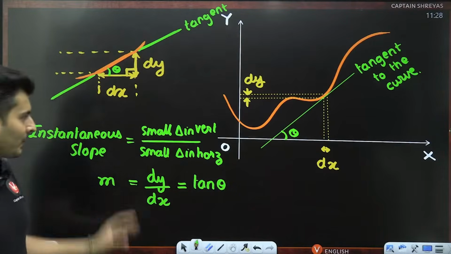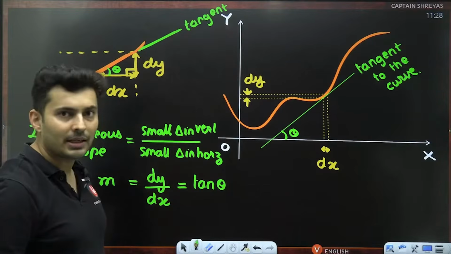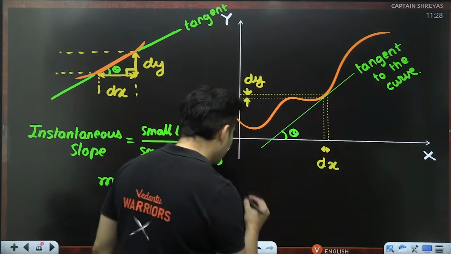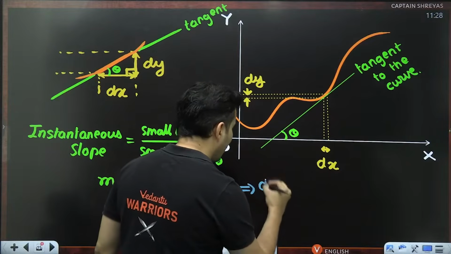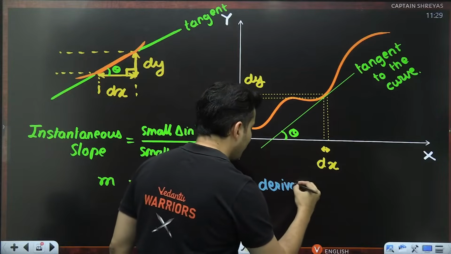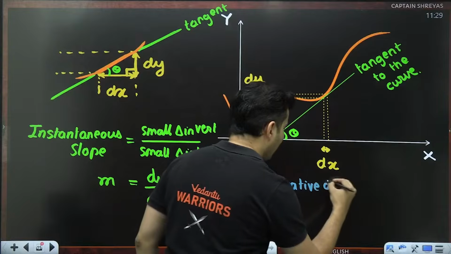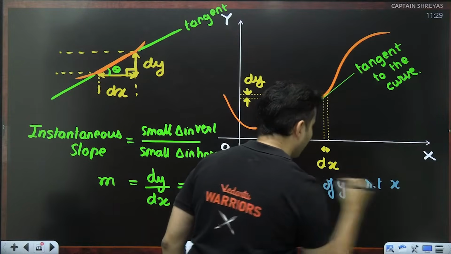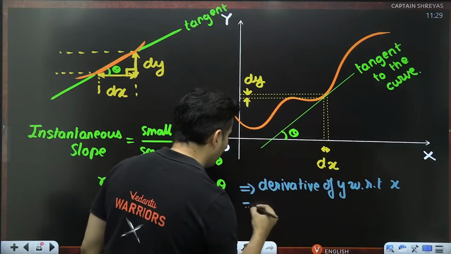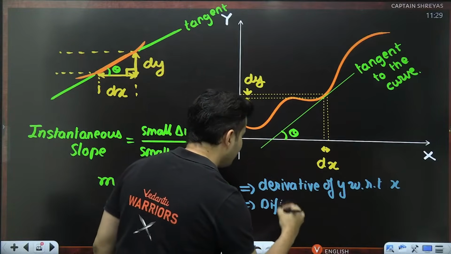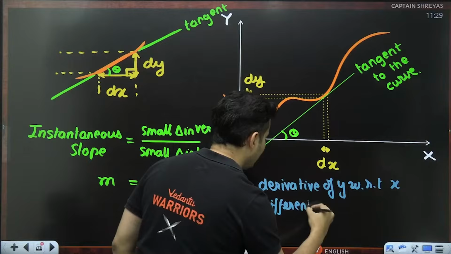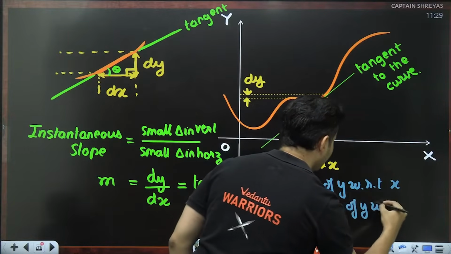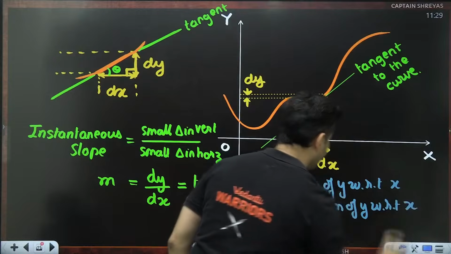Correct? Very good. Now, another interesting thing. This dy by dx is called the derivative of y with respect to x, one way of writing, or you can also call it the differentiation of y with respect to x.